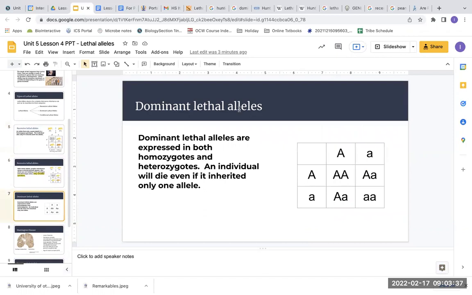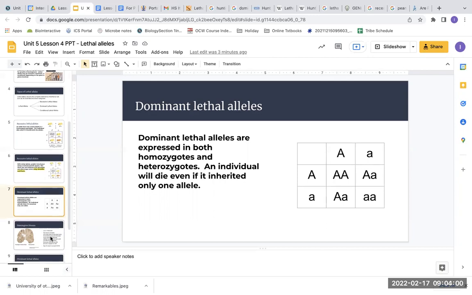Next one, we have dominant lethal alleles, where you have a lethal allele that would kill you if you only get one copy, right? Doesn't matter if you inherited both or just inherited one of them, you'll just be dead, all right? And here's a thing about the dominant lethal allele.